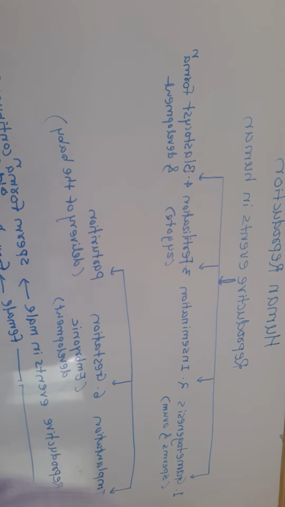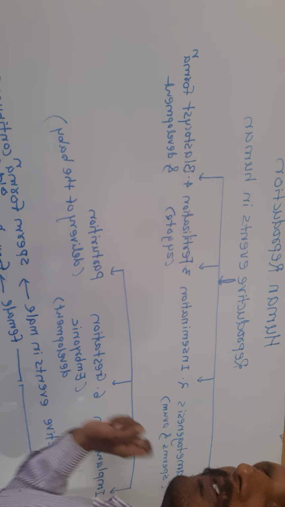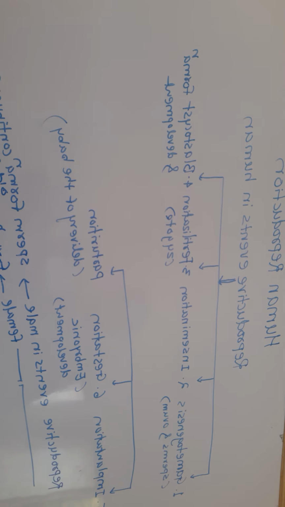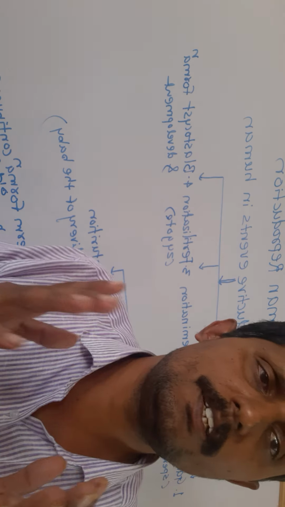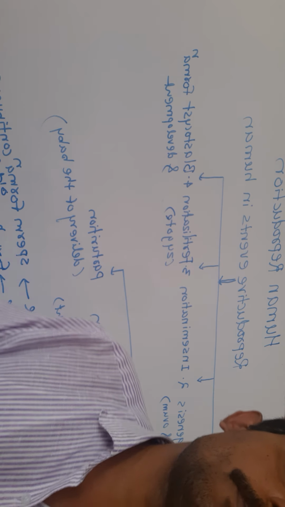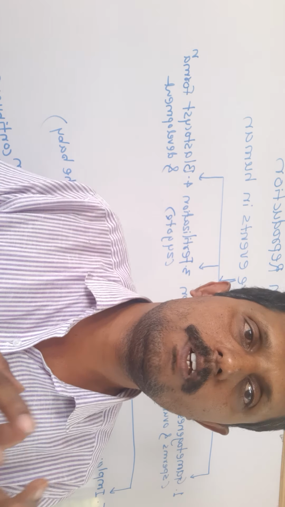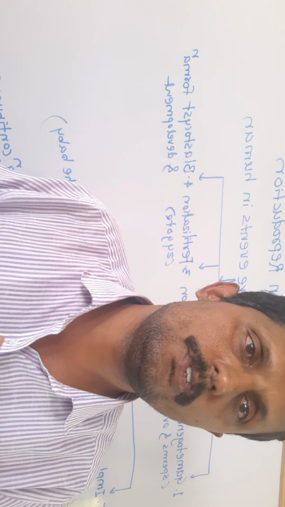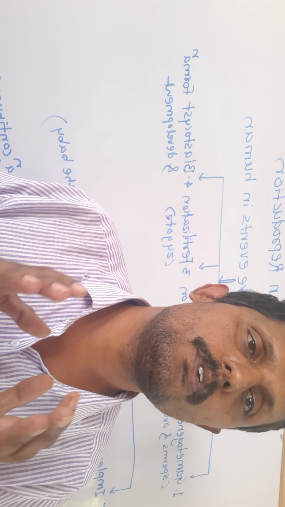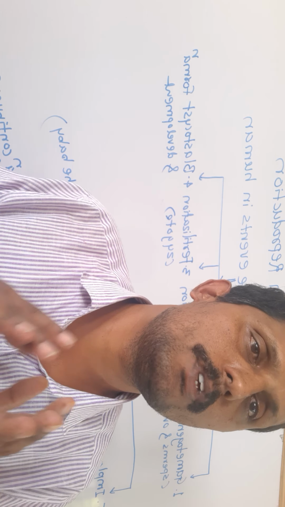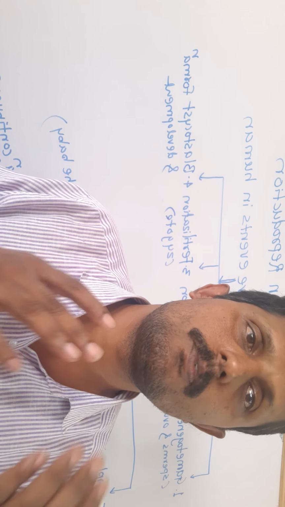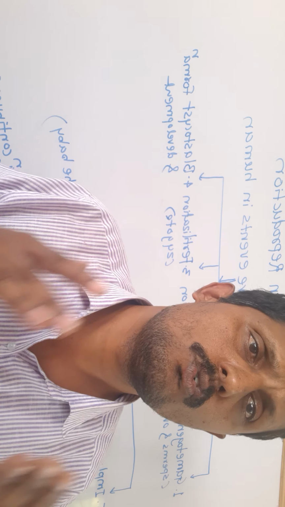The first important event is called gametogenesis. Gametogenesis is the process by which male and female gametes are produced. In humans, the man produces sperms, and the woman produces ovum.